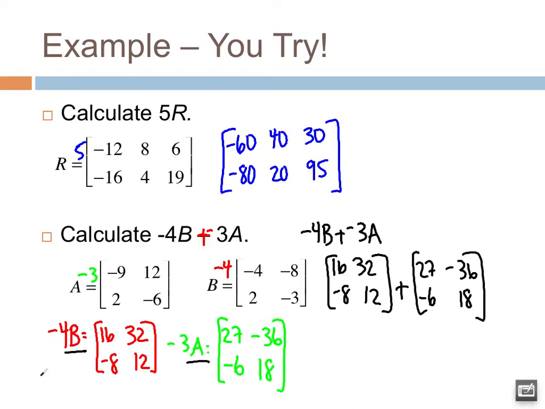So the last thing that we want to do is add these. 16 add 27 is going to be 43. 32 add negative 6 is going to be negative 4. Negative 8 add negative 6 is negative 14. And 12 add 18 is 30. So this is our final answer.